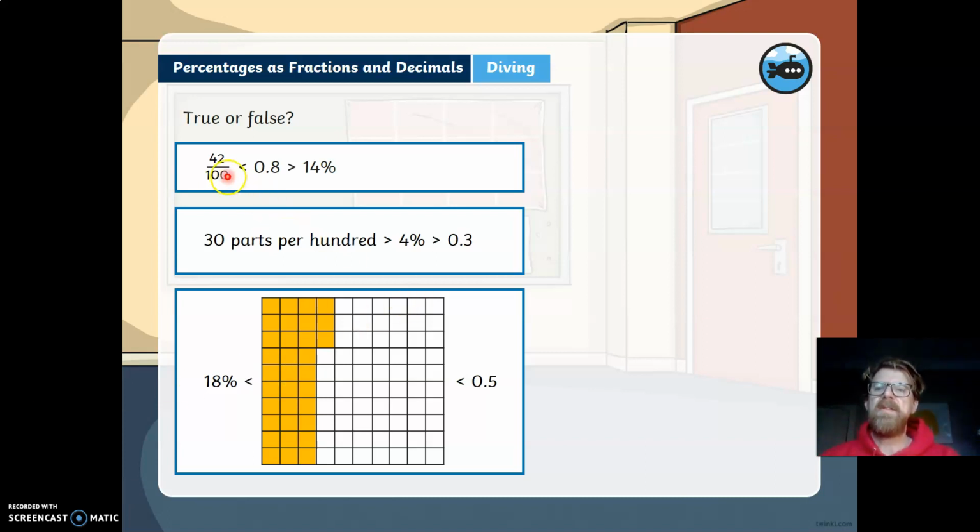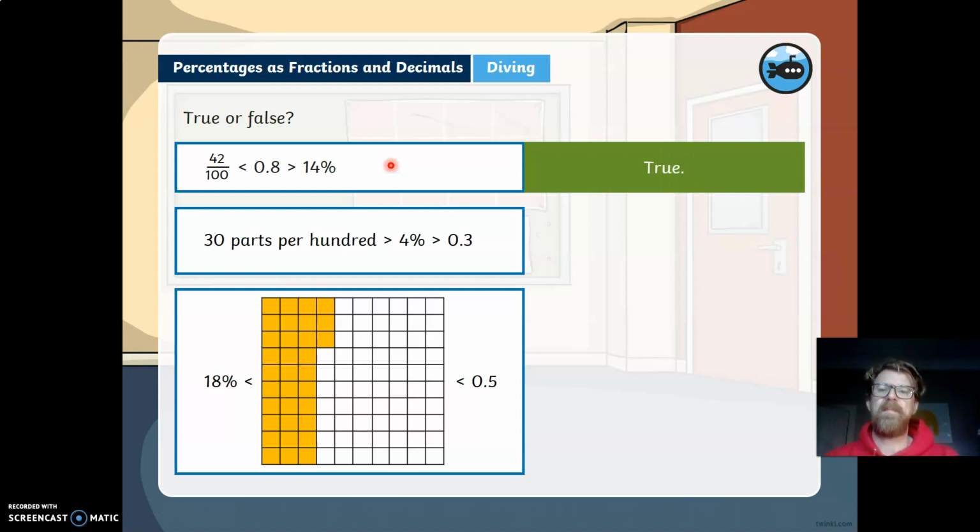Okay, we're back. So 42 over 100 is 42%. 0.8 is 80%, and that, of course, is 14%. So 42% is certainly less than 80%, and that is greater than 14%. So that first one is true. So 30 parts per 100 is 30%, and that, is it greater than 4%?